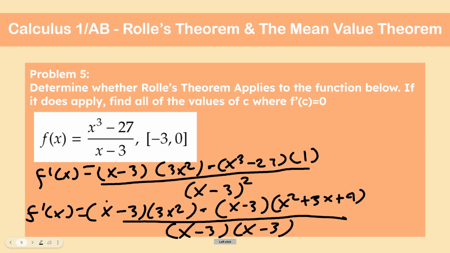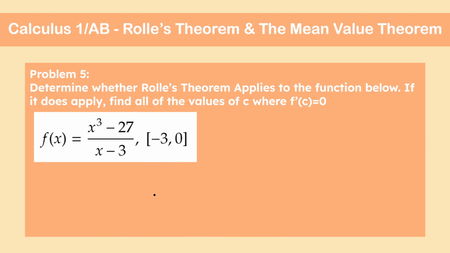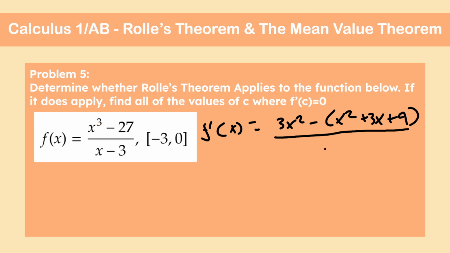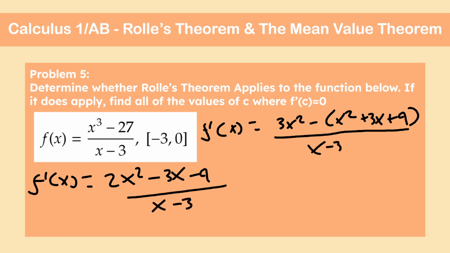So one of these can cancel out. So now we're left with this, and what I'm going to do is simplify. So now we get that f'(x) is equal to (2x^2 - 3x - 9) all over (x - 3).